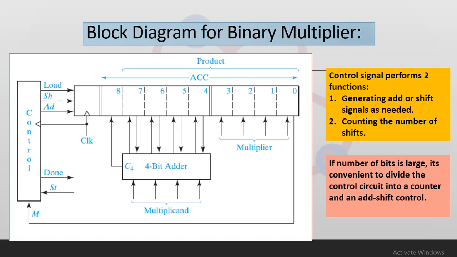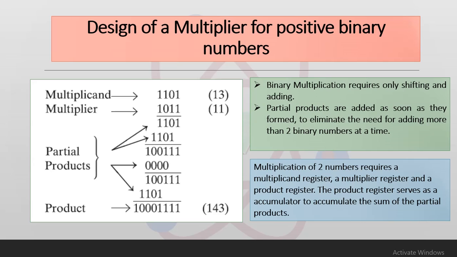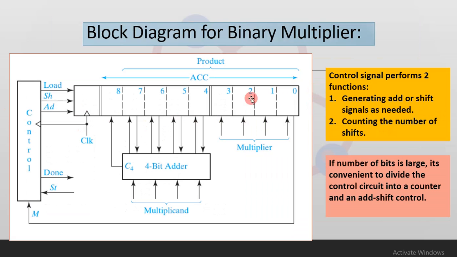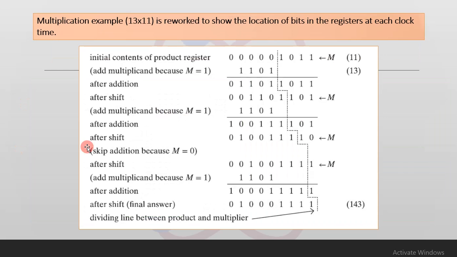So initially we are going to load the contents into the product register. So the product register will be storing the multiplier, and in our case we are considering 1011 to be the multiplier. So this 1011 will be stored in the lower bits of the accumulator, and the higher bits are going to contain all zeros.